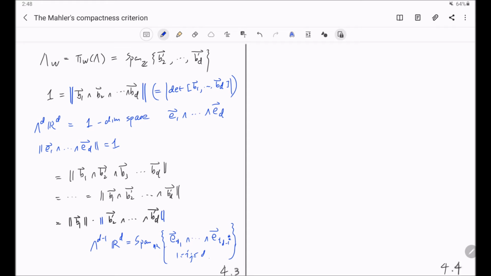And the norm on this space is induced by the inner product on it.